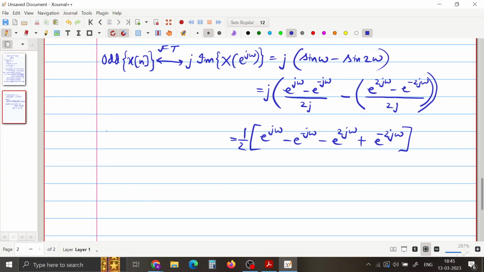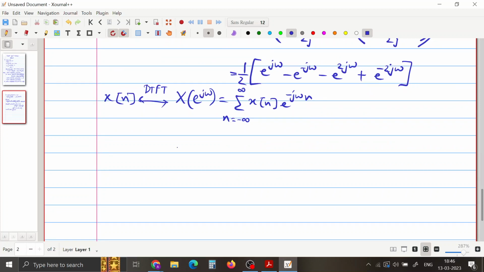In general, I'm not sure if you're familiar with the formula for the Fourier transform. If we have a sequence like this and take the DTFT, the Discrete-Time Fourier transform, we get summation running from minus infinity to infinity of x of n times e power minus j omega n.